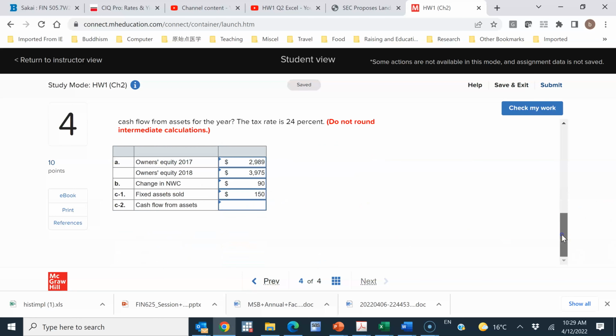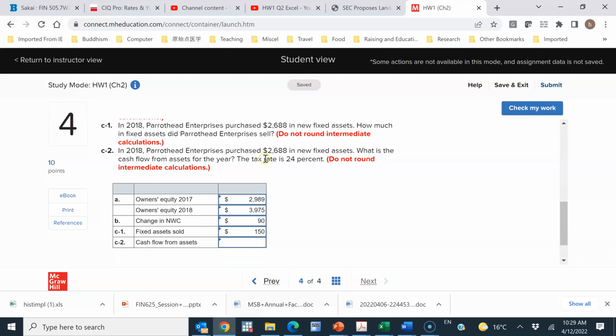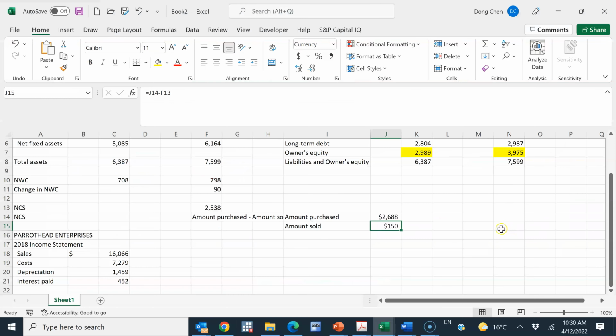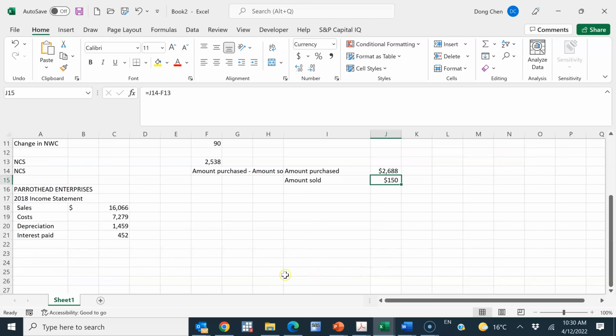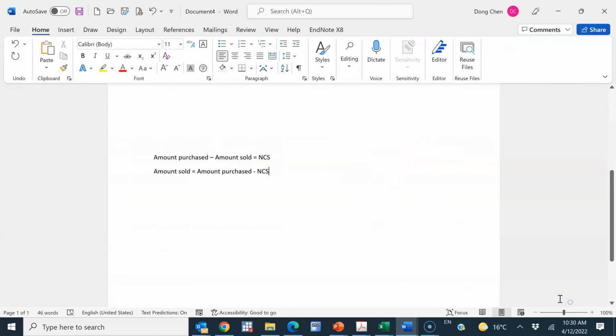The final part is the same information as part C, question 1: what is the cash flow from assets for the year? We know the relationship between total cash flow, or cash flow from assets, and operating cash flow.